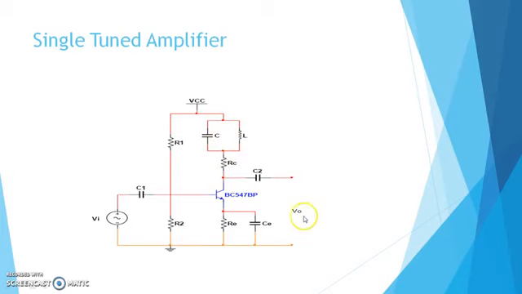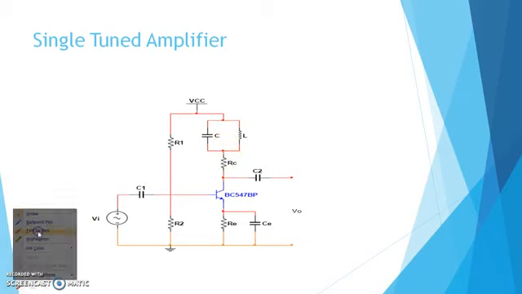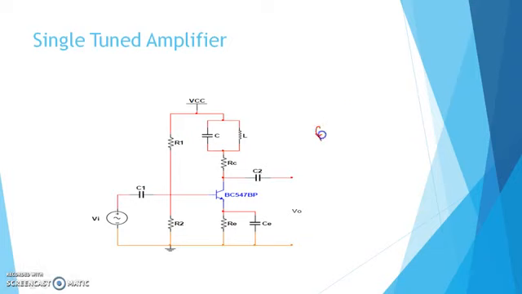So if we take the output from the collector, then what happens? Due to application of this LC tank circuit, it will pass only one desired frequency, and that frequency is F is equal to 1 by 2 pi root over of LC.